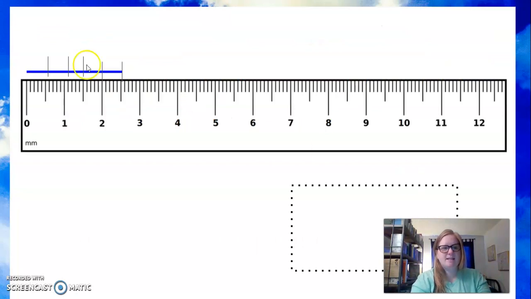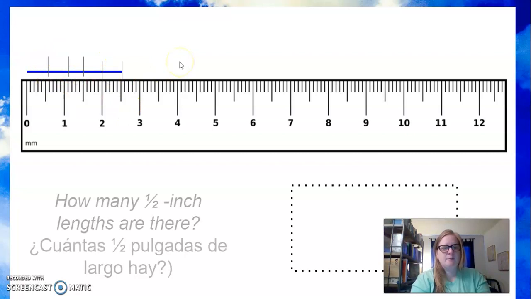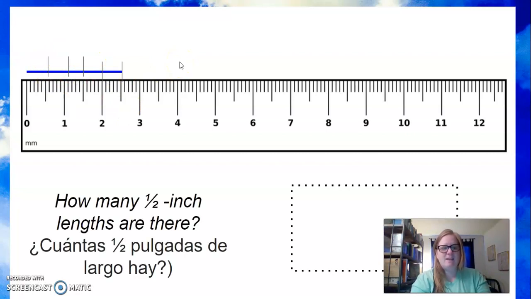Okay, so this is the line segment that I drew, okay, and I put in all my halfway marks. How many 1/2 inch lengths are there? So really, you don't just count these guys. What you're counting is the length in between. So this is going to be a 1, 2, 3, 4, 5. That's what I got.